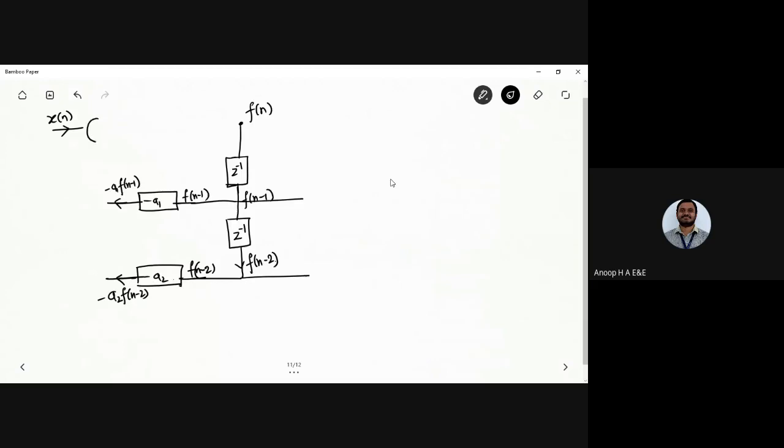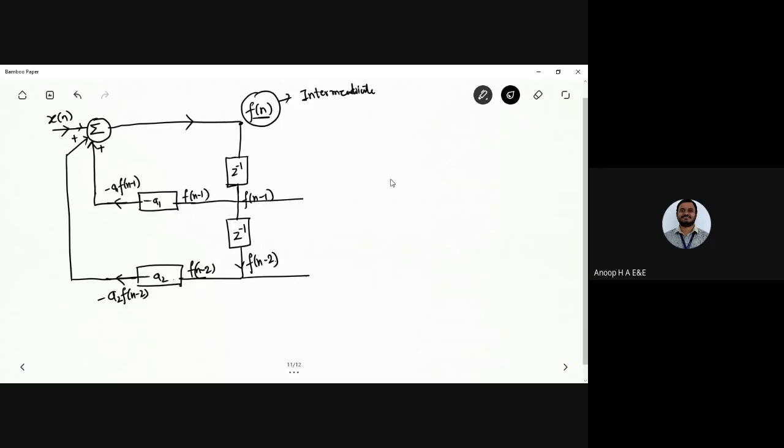Now I have a summer block here. With the help of the summer block I can write it like this: this one is plus, this one is plus, and again the input is plus. So you will have the output that reaches f of n. I'll tell you again, I'll be taking f of n as an intermediate output.